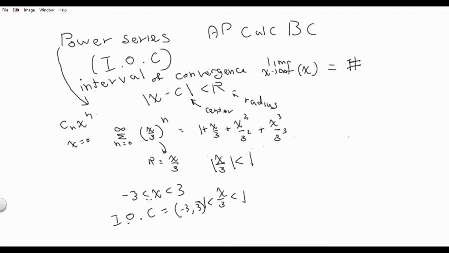Notice how I didn't put in any equal to signs over here, so it's going to be parentheses, not brackets. Make sure that you're putting in the brackets and the parentheses correctly, so that you don't get points marked off for FRQs and all. Alright, that's one example.